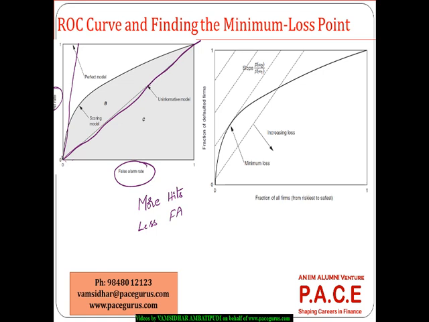If the curve goes straight up and then horizontal, the false alarm rate is almost close to 0 whereas the hit rate is almost close to 1. That is what we consider a perfect model, but in reality my model may not be that perfect. It lies somewhere between the completely uninformative model and a perfect model.